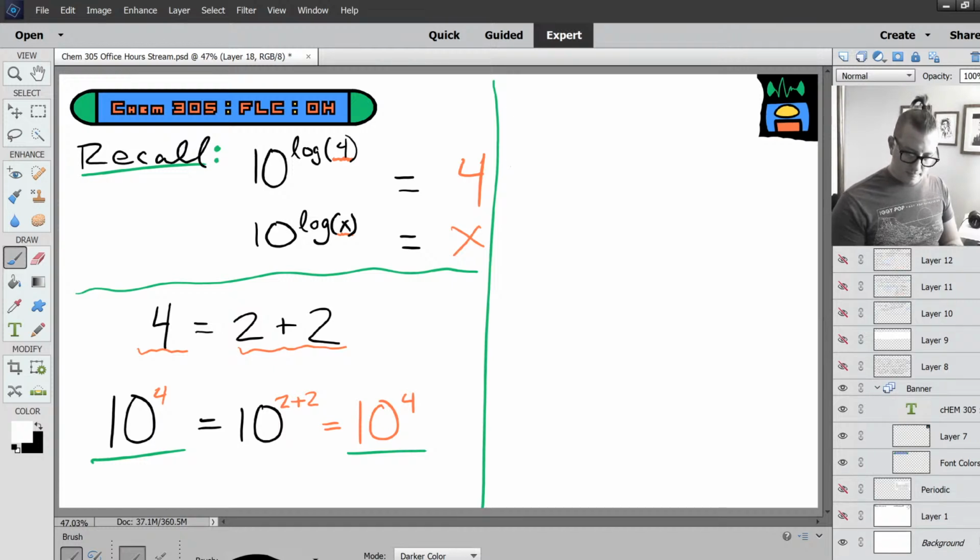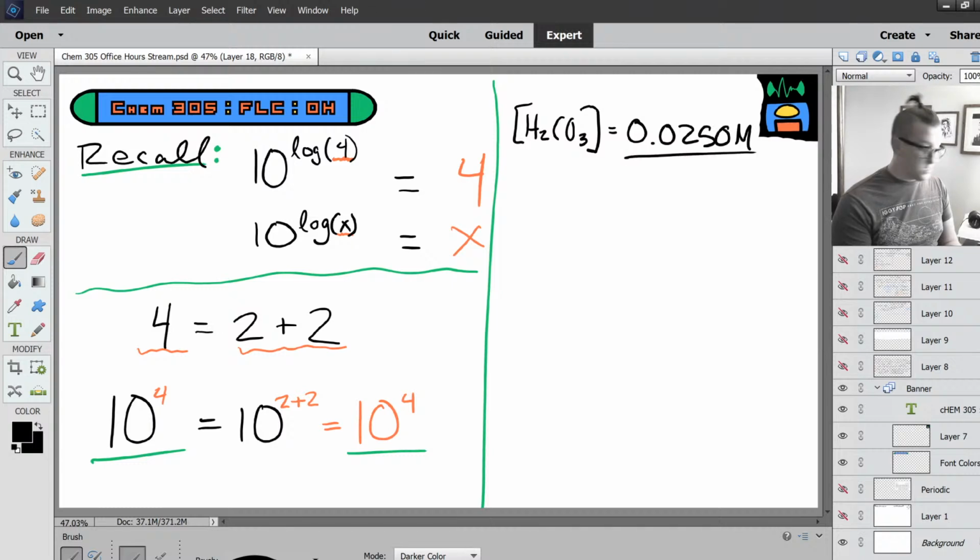So finally we get our concentration of carbonic acid is equal to 0.0250 molar divided by 8130.